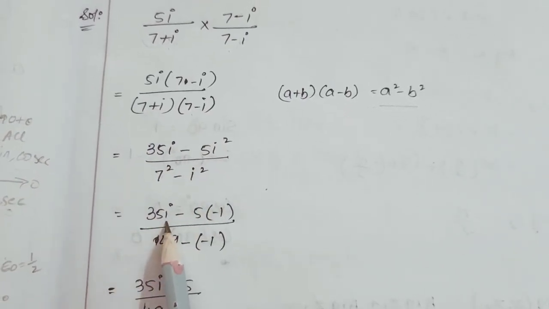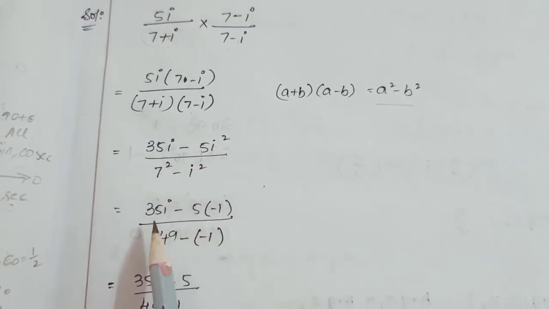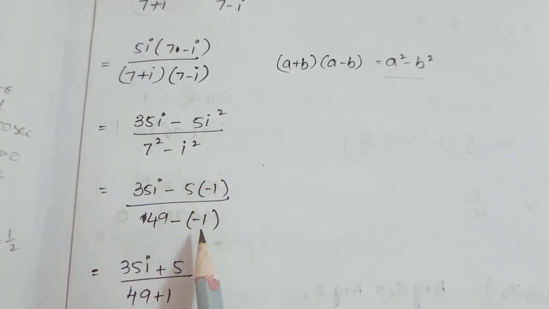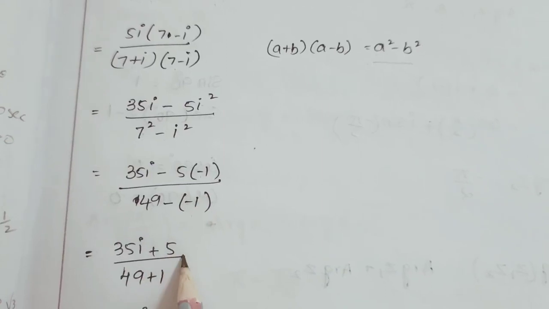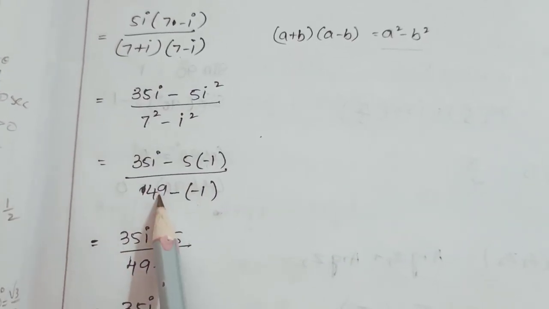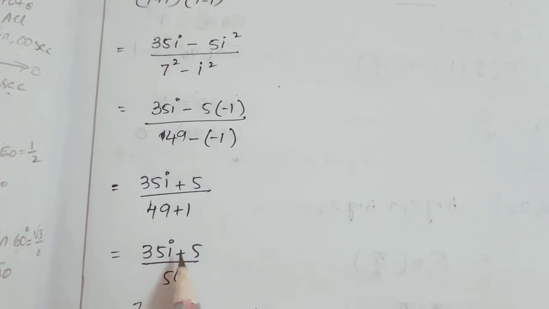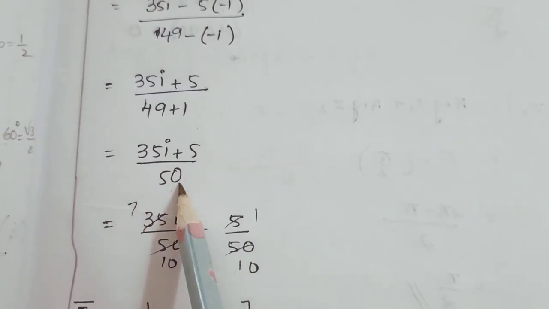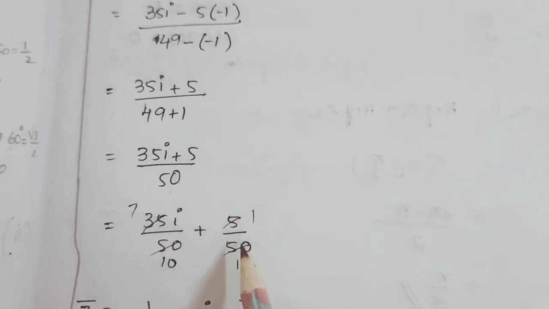So 35 into i minus 5 into i square, whose value is minus 1, upon 7 square is 49 minus i square, and i square is minus 1. So 35i, minus into minus plus, 5 ones are 5. 49, minus into minus plus 1, is 50. So 35i plus 5 by 50. Now giving the denominator separately: 35i by 50 plus 5 by 50.